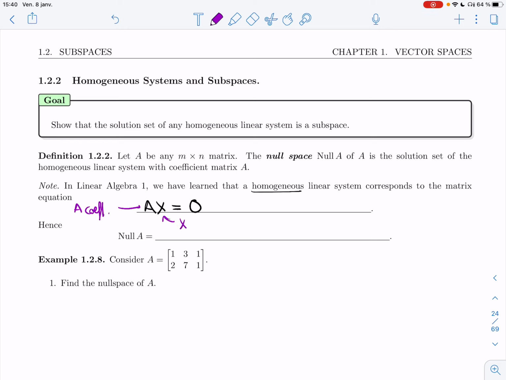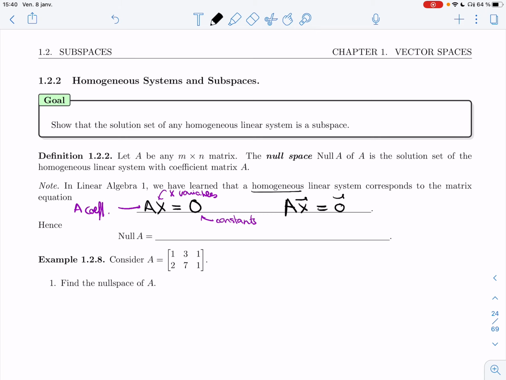X is the vector of variables, and 0 is the vector of constants. We will use it in vector form because that's going to be useful in this class. So I'm going to write it this way.